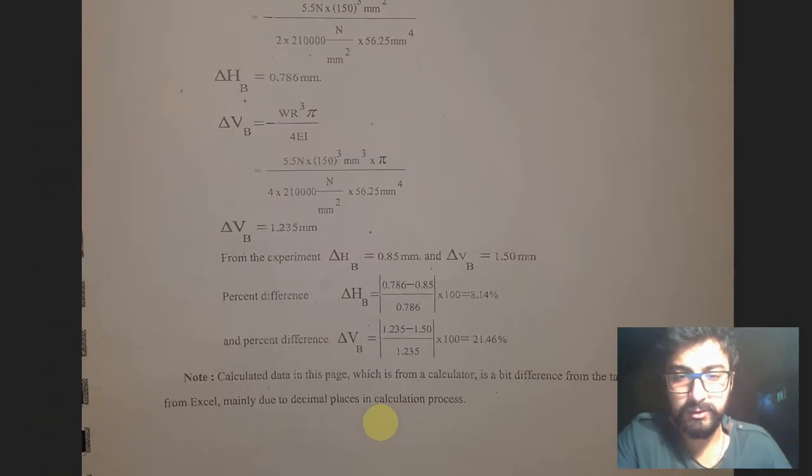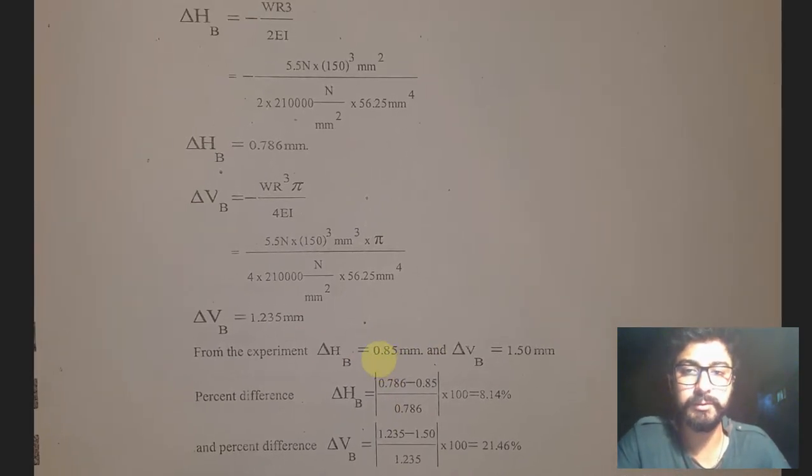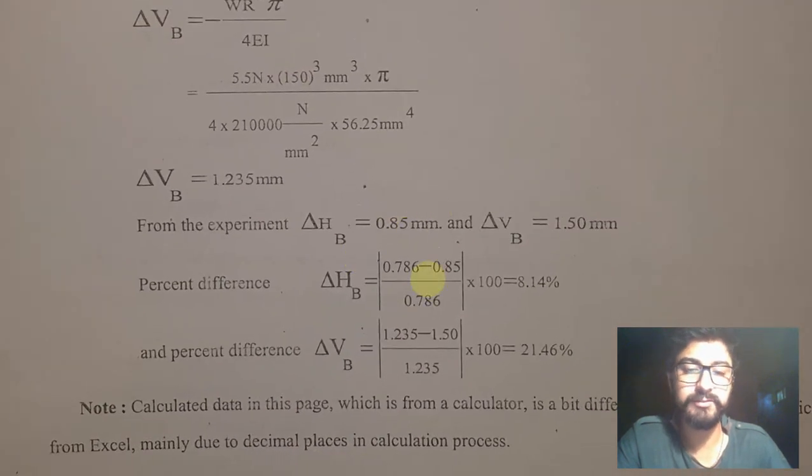So from the experiment we have the experimental value, which is given by the dial gauge, and it comes out to be 0.85 mm. So theoretically it is 0.786, but experimentally it was 0.85. Similarly, the vertical deflection was 1.235, but what was recorded in the lab was 1.5 mm. Their percentage difference is found by the formula theoretical minus actual over theoretical.